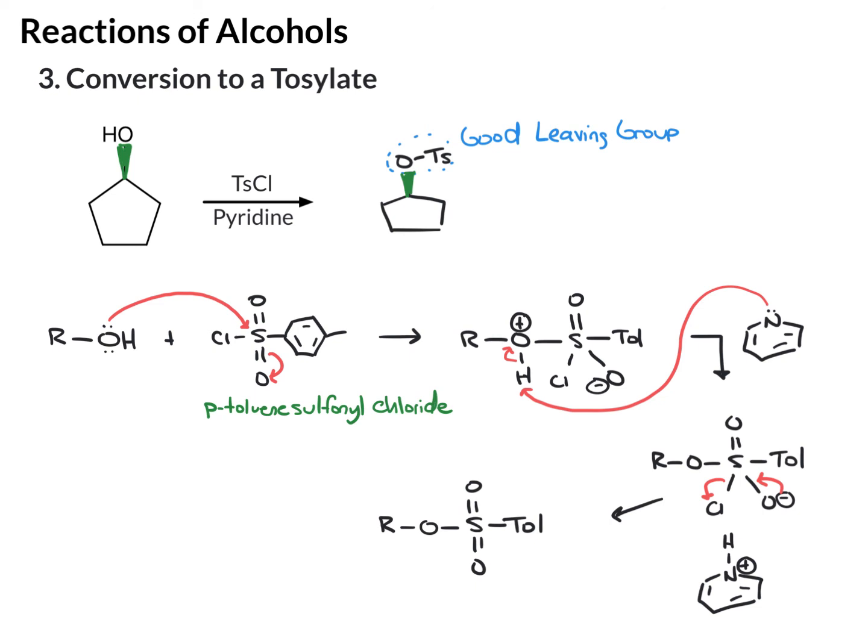Then the Cl minus that we lost, we'll just draw it here. It goes and hangs out with the pyridinium ion in the solution to form a salt. So we have N plus, Cl minus, those two things hang out together.